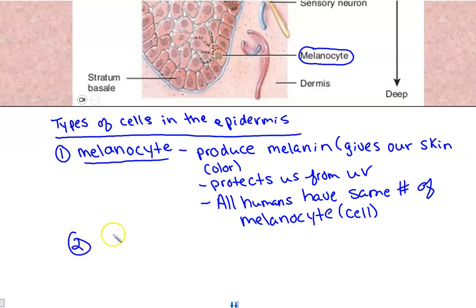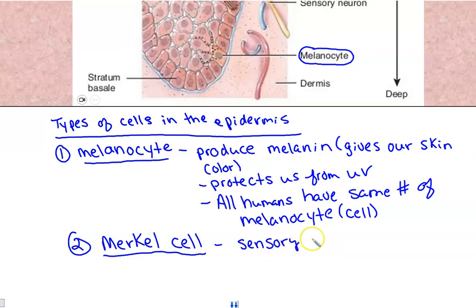As we move on up in there, we've got these Merkel cells. We're going to see those in a video on a little bit of overview of receptors. Merkel cells are sensory cells, so they're going to sense very light touch.